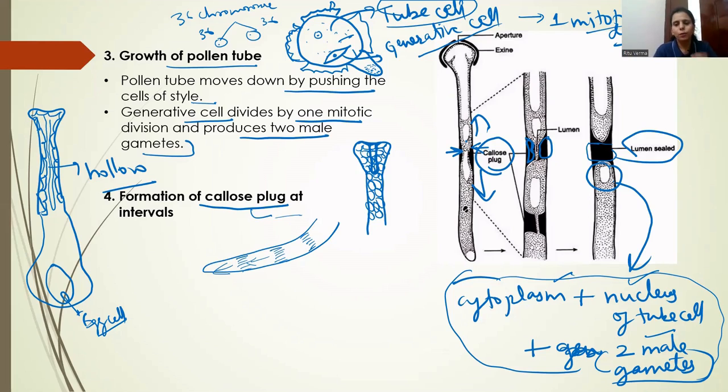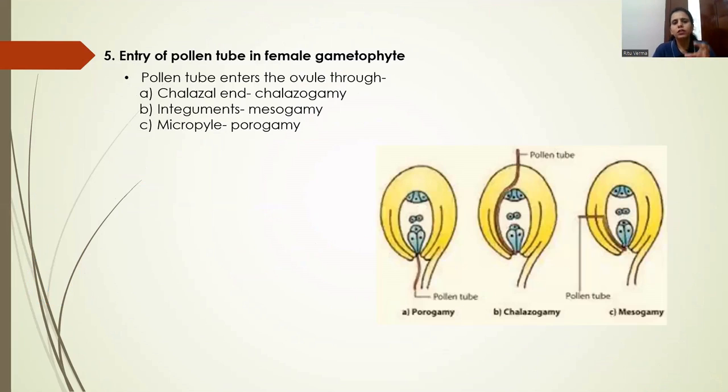Once this pollen tube completely crosses the style and reaches the ovary, it actually has to enter the female gametophyte. We have already discussed the structure of the female gametophyte, or you can say embryo sac, in one of the previous videos, and there you have learned that this female gametophyte has two ends.